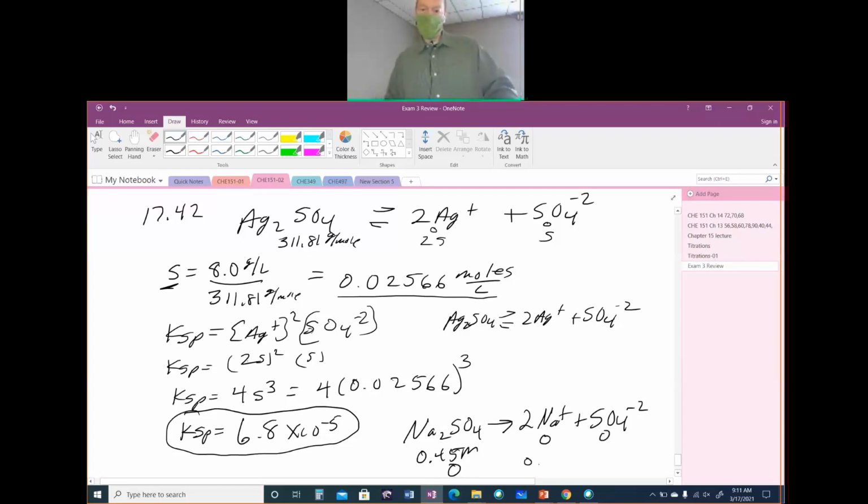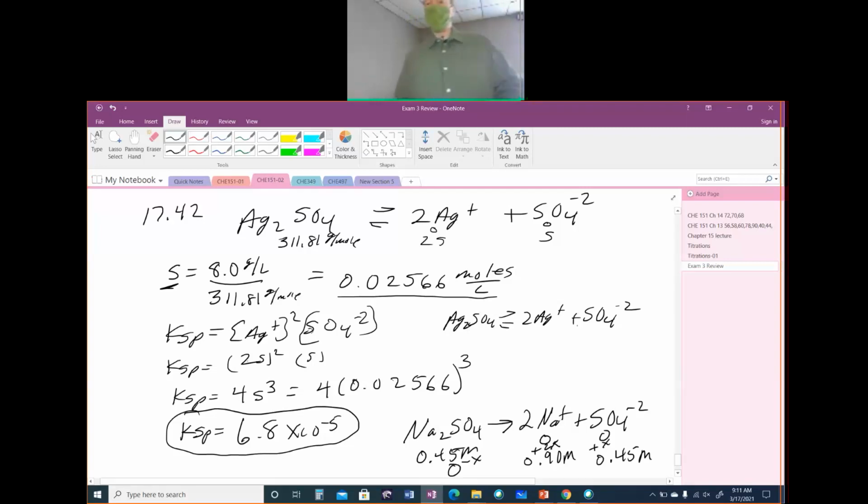We have 0.9 molar Na+, and we have 0.45 molar of our SO4 2-. So you have your minus X, plus 2X and plus X. And since it is sodium, 100% soluble, all of it goes to the right. There is 0 Na2SO4.